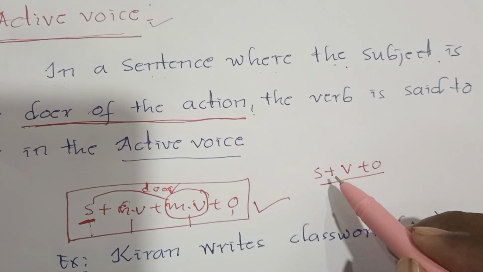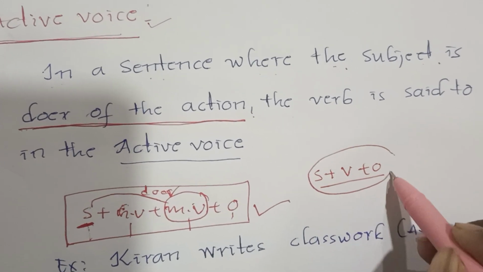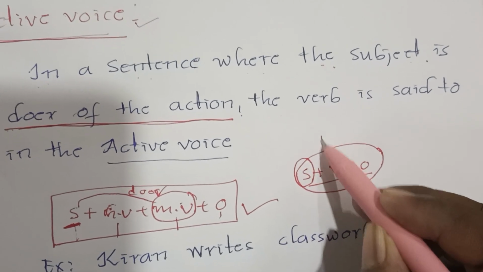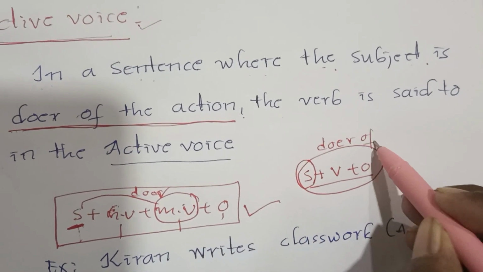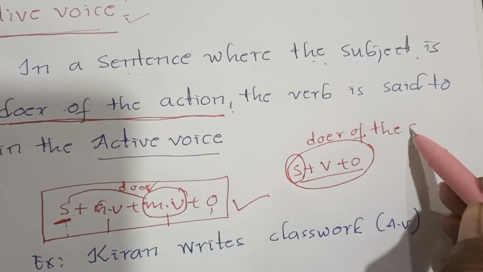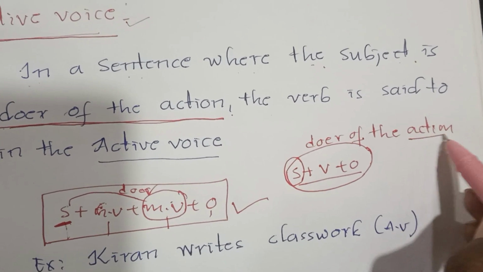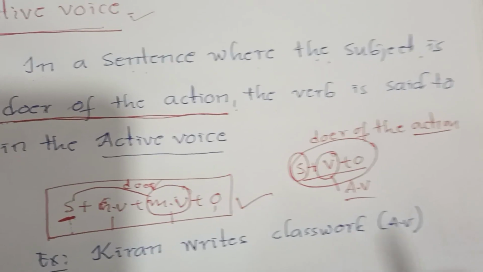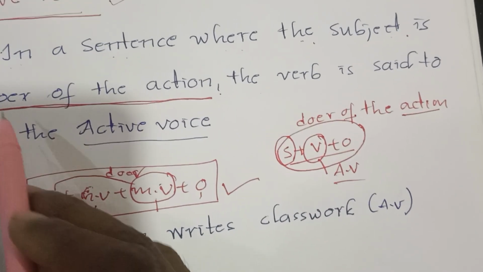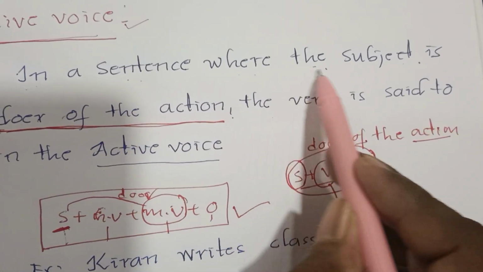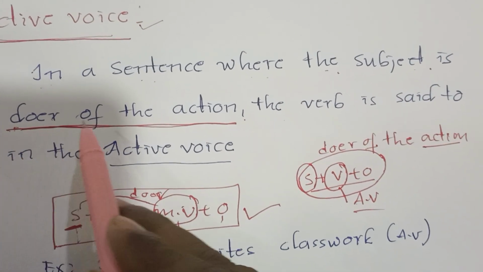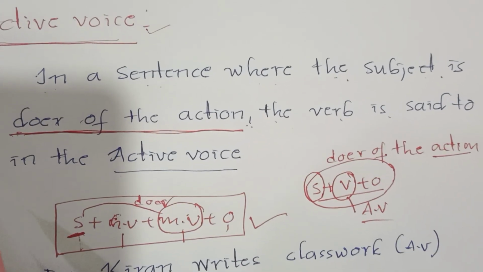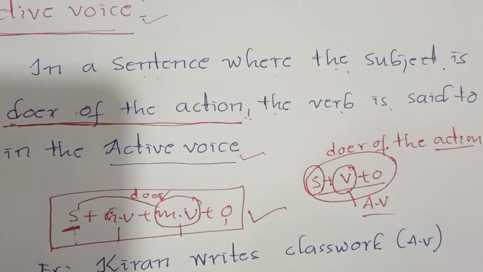So roughly we can say, in a sentence where the subject is the doer of the action, the verb is said to be in active voice.